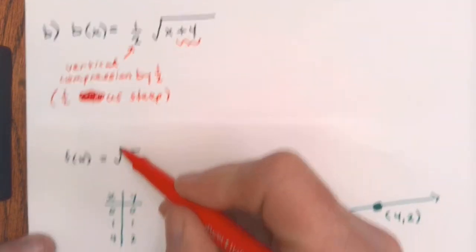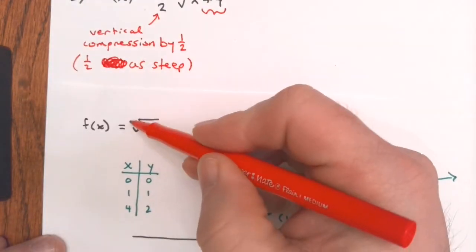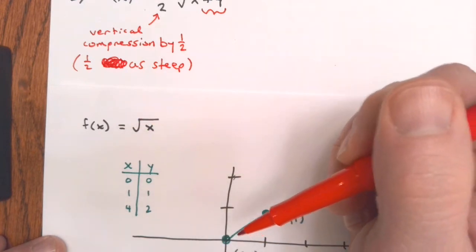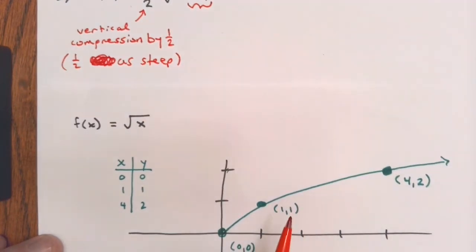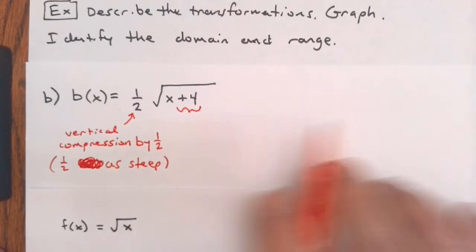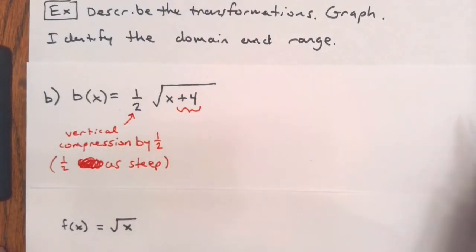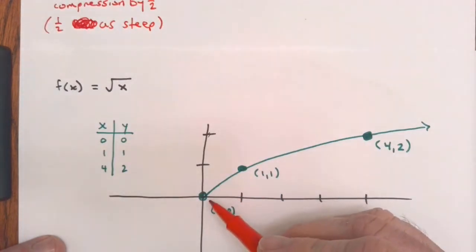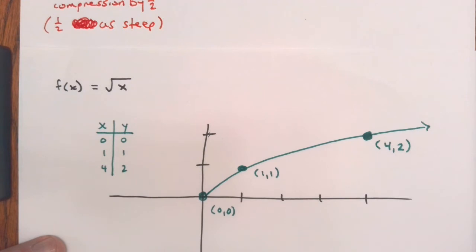The parent function does not have any number in front, so that is like an invisible 1 in front. So the parent function, we could say, kind of has a steepness of 1 if we wanted to think of it that way. And then with this 1/2 being multiplied out in front, this is going to be half as steep. Each one of the points that we have here is going to have to be half as tall.